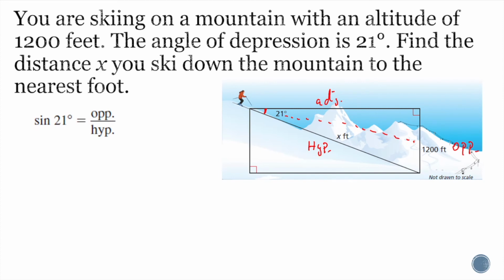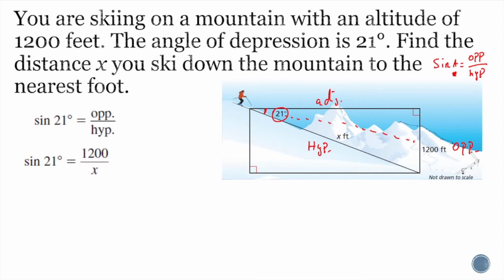Hopefully you said sine, because if you remember, sine of an angle is equal to the opposite over the hypotenuse. That's the SOH in SOHCAHTOA. But instead of an angle A, it is going to be 21 degrees. So sine of 21 degrees is equal to the opposite side divided by the hypotenuse.